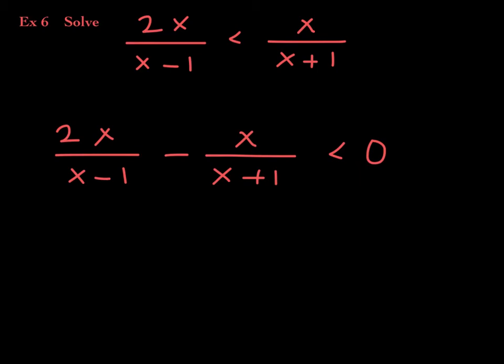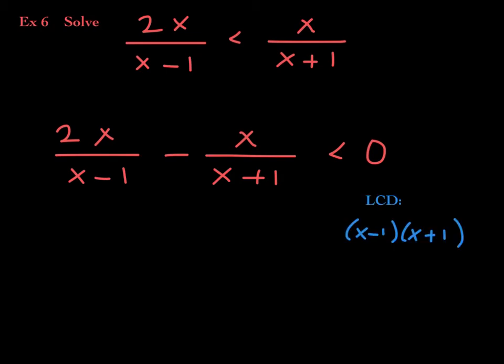The next thing you want is to combine these two rational expressions to be one rational expression. The only way you can actually combine these two using subtraction is if these denominators are the same. So you're going to have to get common denominators here. Notice that your LCD is x minus 1 times x plus 1.